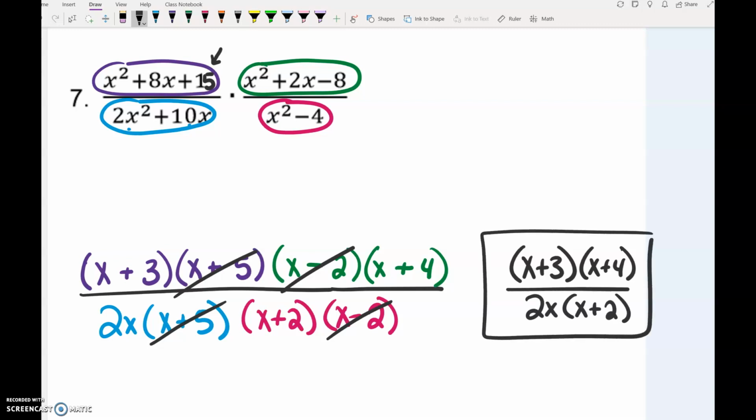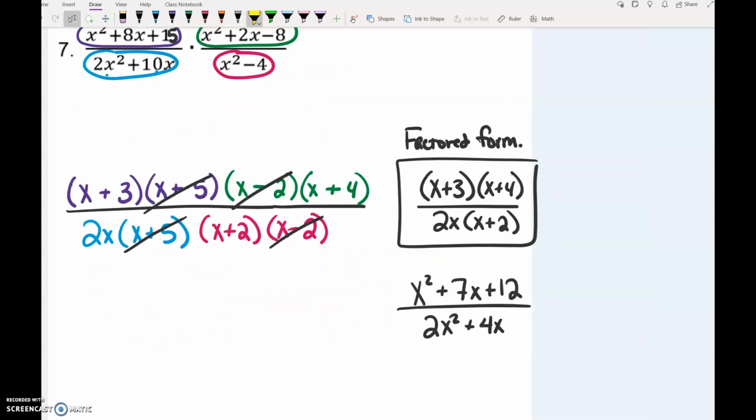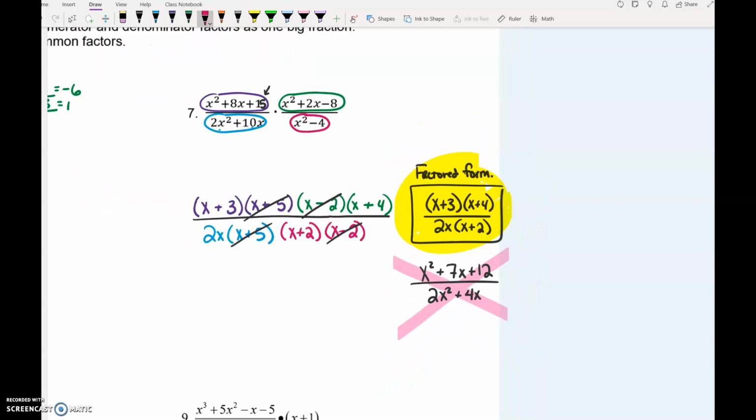Okay, we are going to leave our answers in factored form. Quick note that this is the preferred answer format, not this one, because that's the one that Photomath gives you, and no, we want to leave our answers in factored form, not rely on Photomath for our answers.